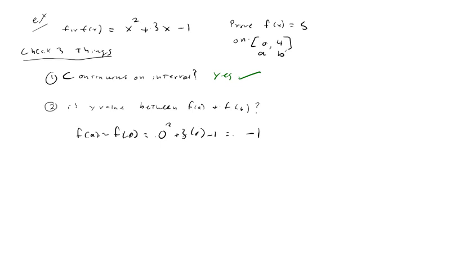That's my negative 1. Same with f of b. I plug in the 4. I'm going to get 4 squared plus 3 times 4 minus 1. 4 squared, that's 16, plus 12, minus 1, that's 27.